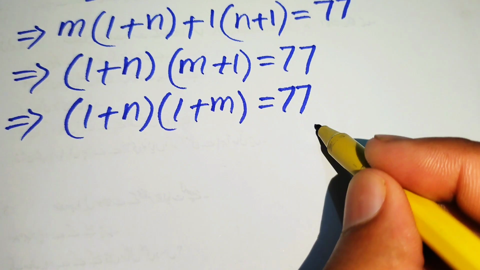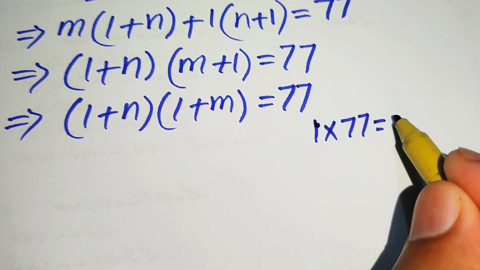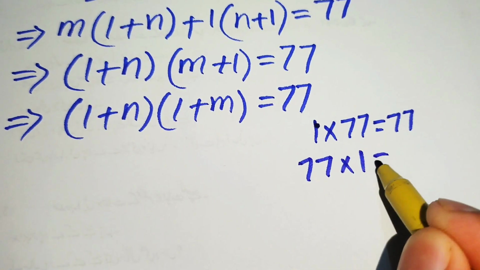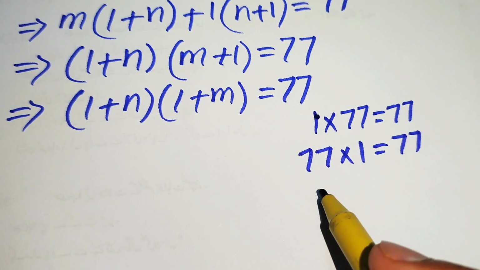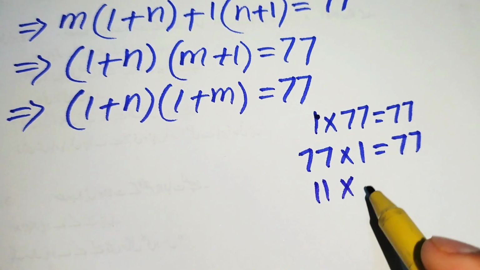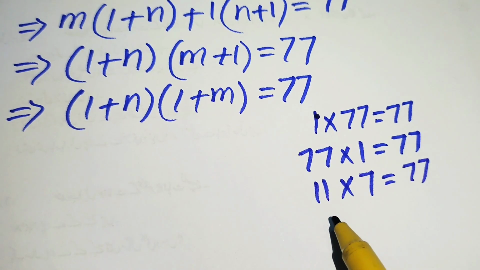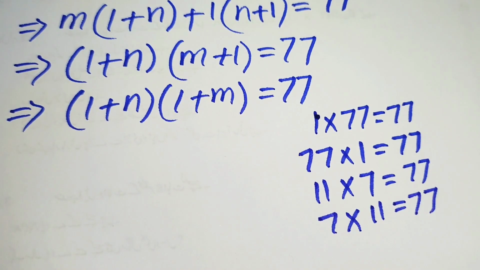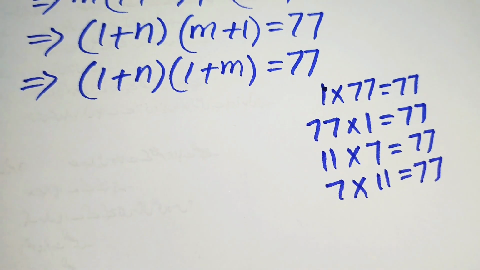The first possibility is 1 multiplied by 77 equals 77, the second possibility is 77 times 1 is 77, the third possibility is 11 times 7 is also 77, and the fourth possibility is 7 times 11 is 77. So we have these four possibilities in which you get 77.